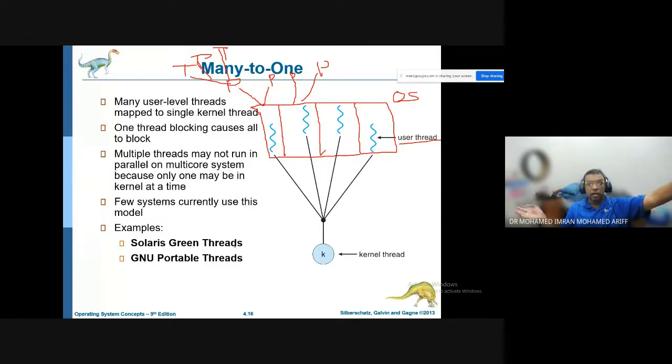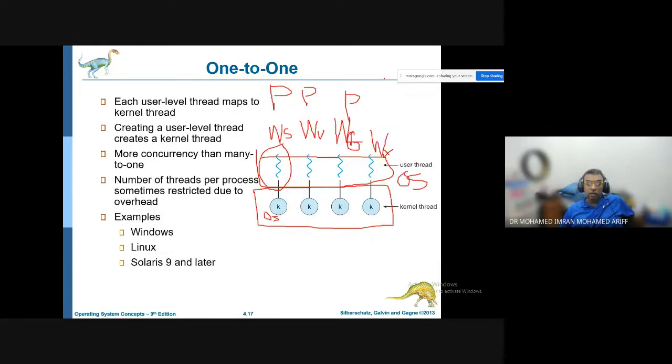Meaning, if I am here, say this is a book. This is chapter 1, 2, 3, and 4. Chapter 1 should be covered by 3 people. Chapter 2, 3 people. Chapter 3, 3 people. Chapter 4, 3 people. So these are groups by themselves. In this other one, it's one book, but now the book itself we divide.